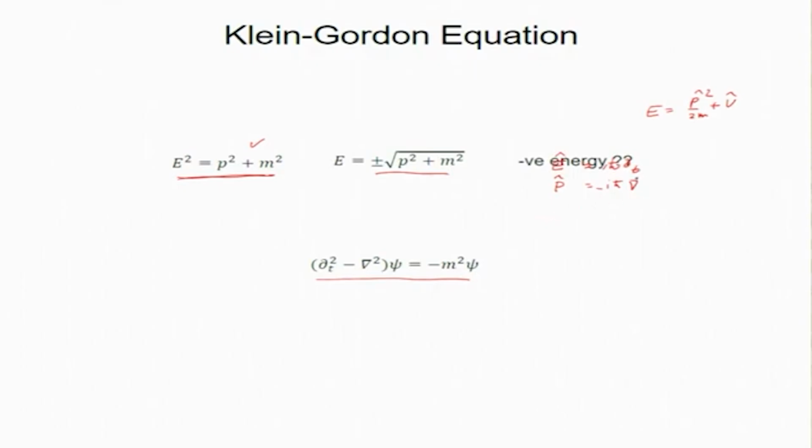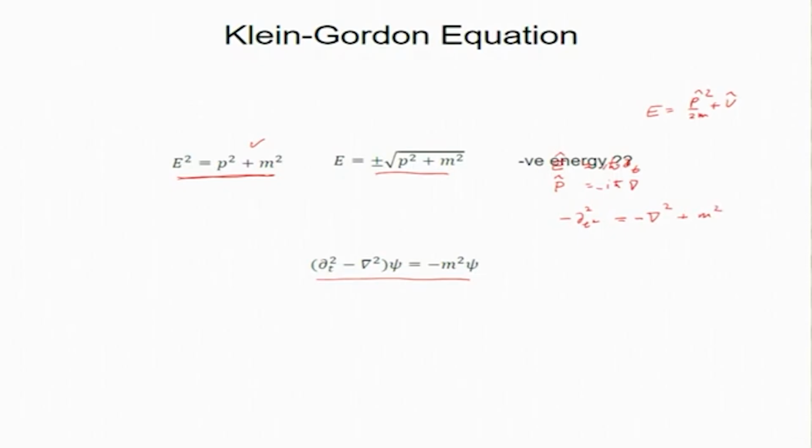So, i h bar d by dt. h bar is 1, so we do not carry it around. E squared will be minus d squared by dt squared, and p squared will become minus Laplacian, and m squared will remain m squared.